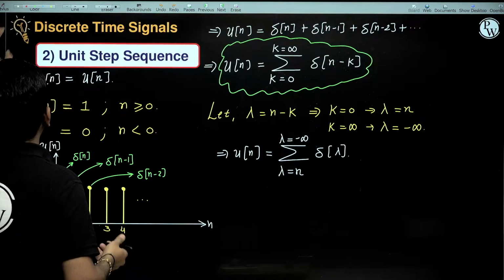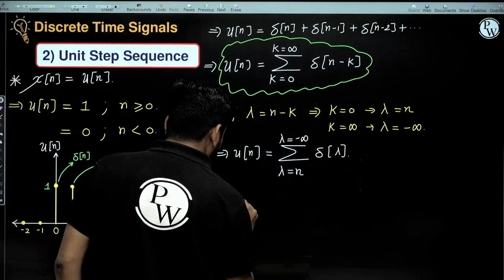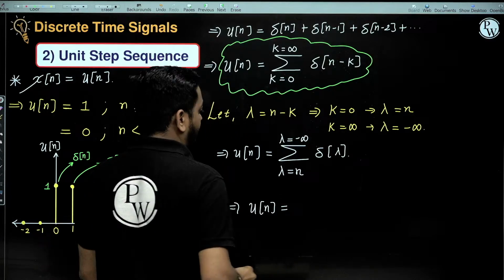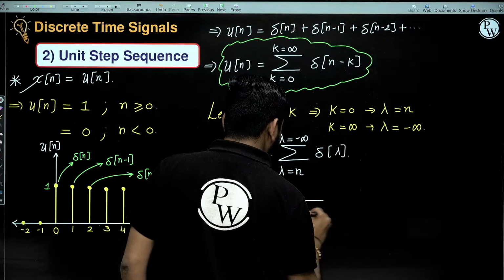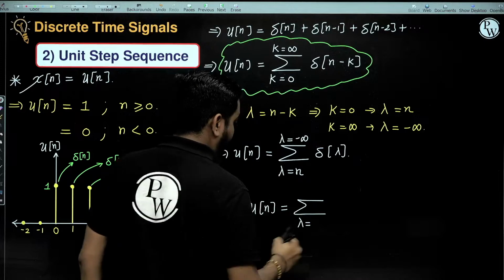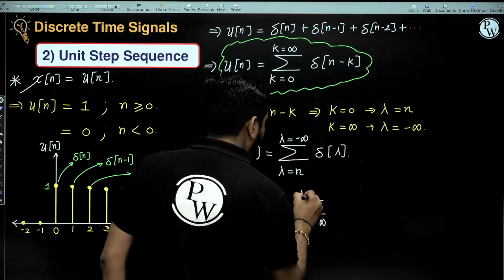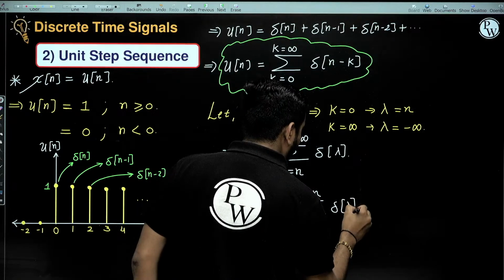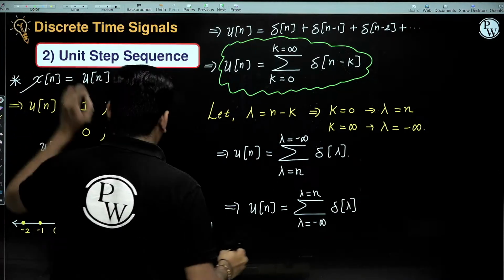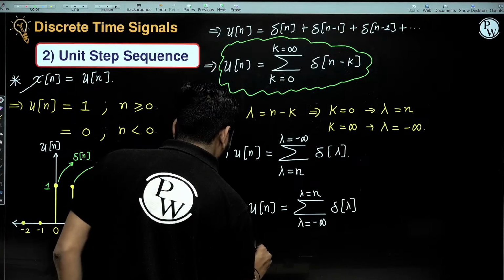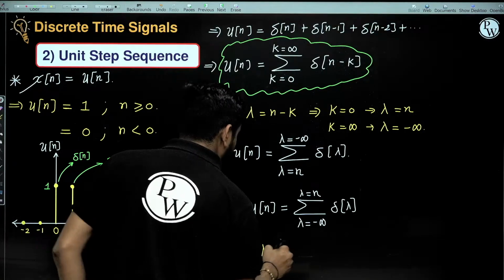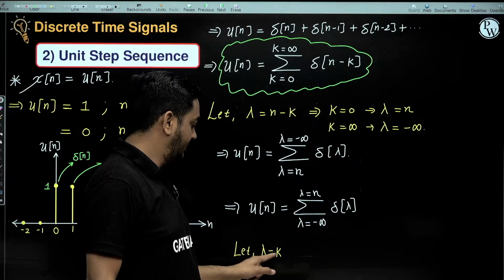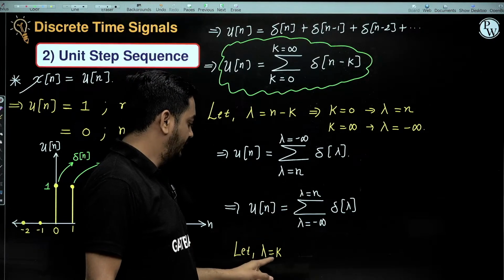Okay. So here we will get the same answer to interchange this limit minus infinite and this till lambda, and let us take lambda equal to k now guys. Let us replace lambda with k. So if lambda equal to minus infinite, k equal to minus infinite, lambda equal to n, k equal to minus n.